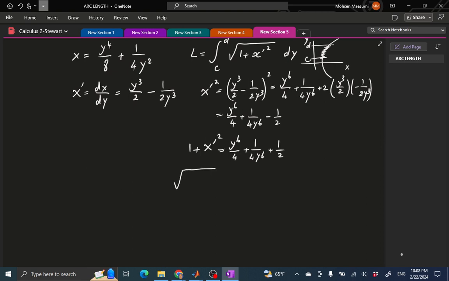Square root of this is now easy. It's just the original expression with the plus: y^3 over 2 plus 1 over 2 y^-3.